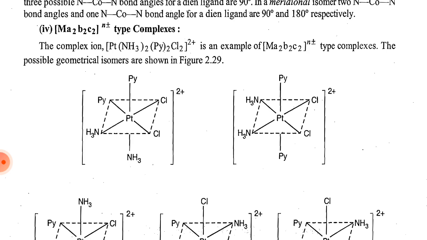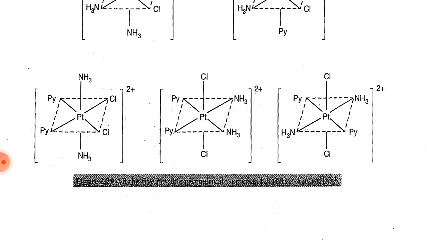Ma2b2c2 type complex ion. [Pt(NH3)2(py)2Cl2] 2 plus is an example of the Ma2b2c2 type complex. The geometric isomers are shown: py, NH3, Cl, Cl, py and ammonia, with 2 plus charge. These are the 5 possible geometric isomers.